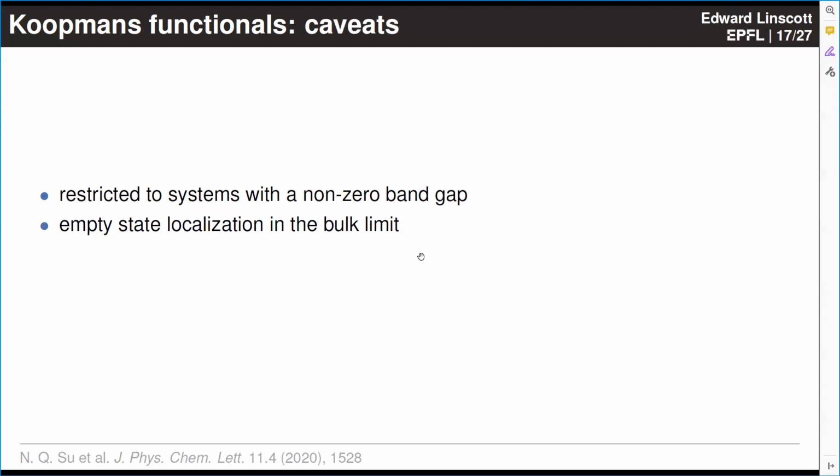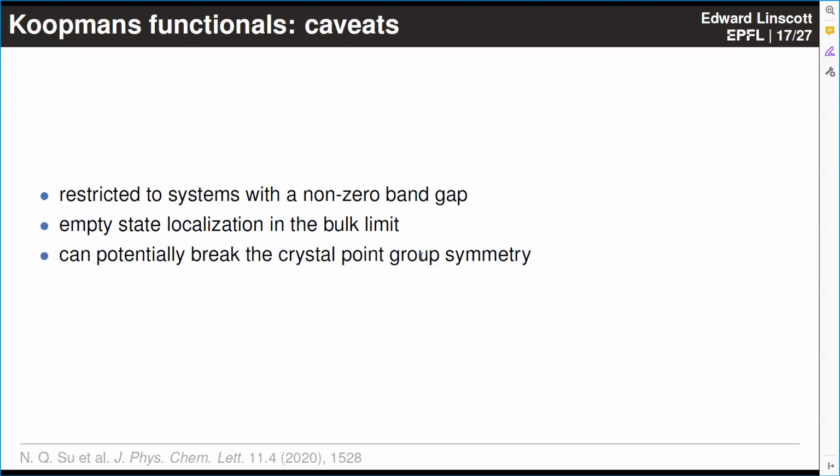There are two other more technical details that I will mention briefly. Basically, we have this heuristic approximation where we localize empty states, which is not formally justified by the form of the ODD.